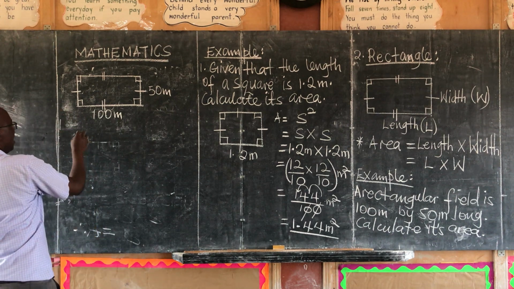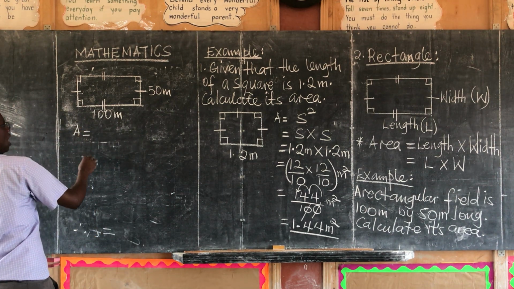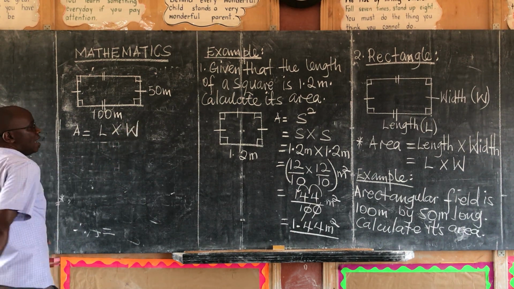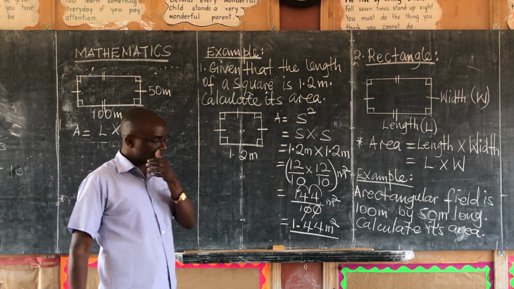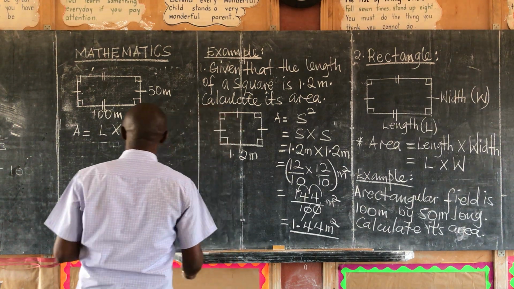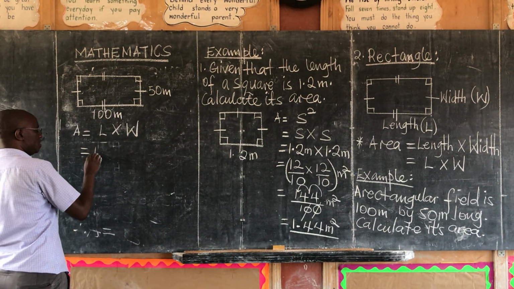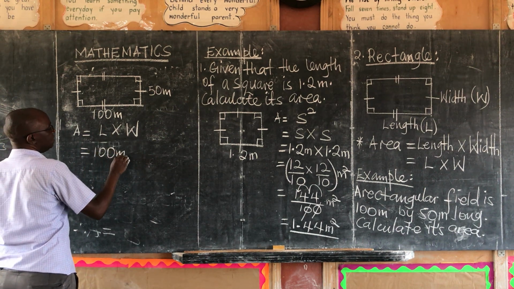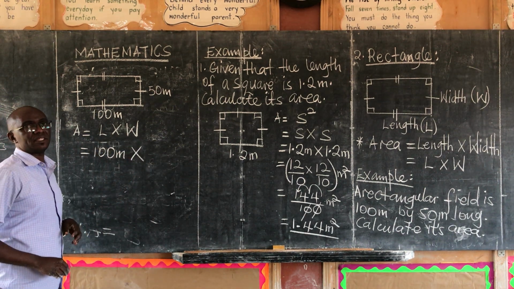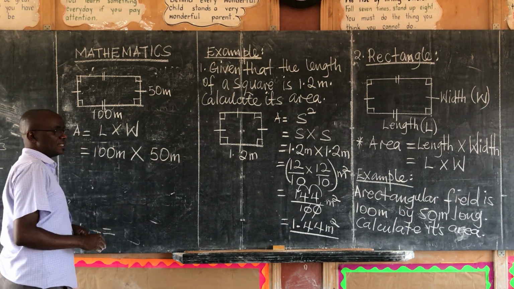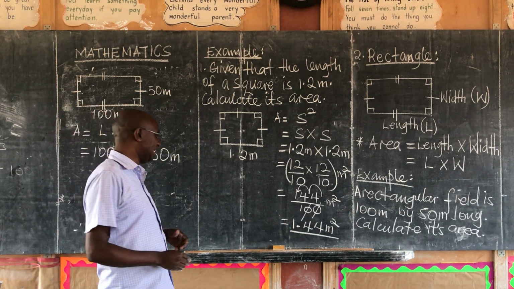So we have said area of a rectangle is equal to length times the width. Which is equal to the length, the longest side, which is 100 meters, times the width, which is 50 meters.